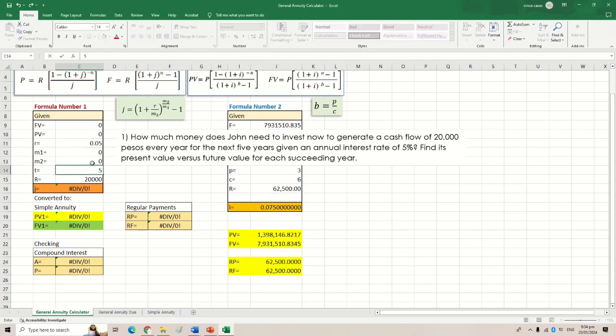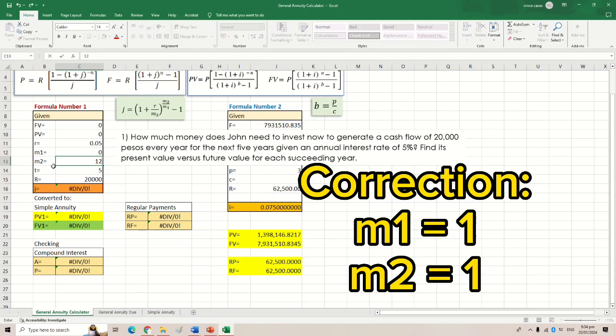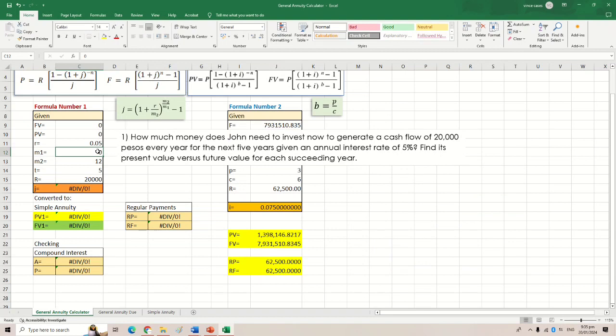And then our M1 and M2. Now, for M2, the number of compounding periods is annual interest, so that is 12. Now, our M1, which is the new compounding period that matches our interval of payment, is also 12, because our payment interval is 20,000 every year, so that is also annual.